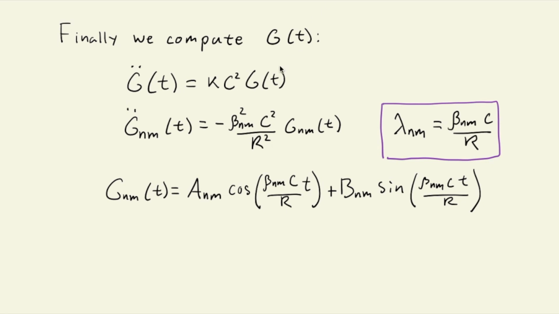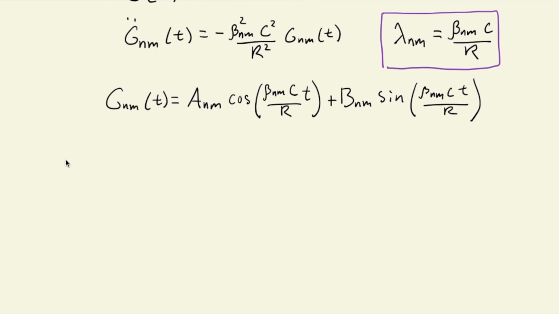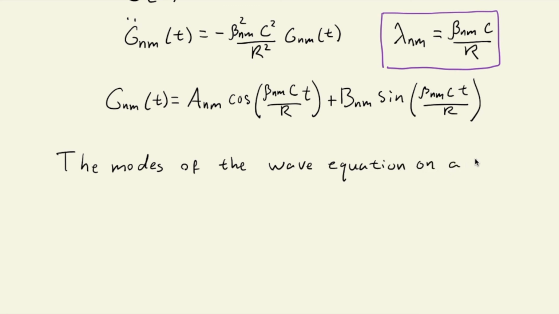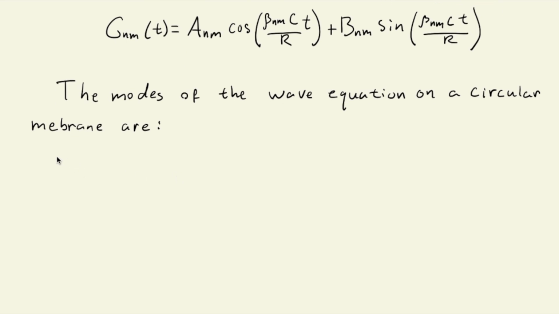But, you know, we have G and we have F. So what are the modes of the wave equation on a circular membrane? Let's write the n equals 0 case separately.